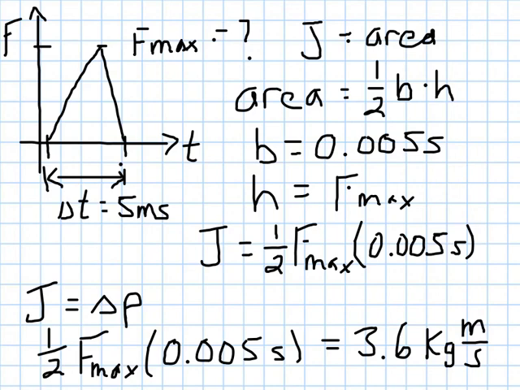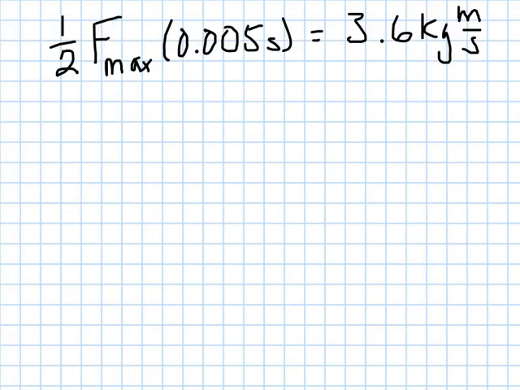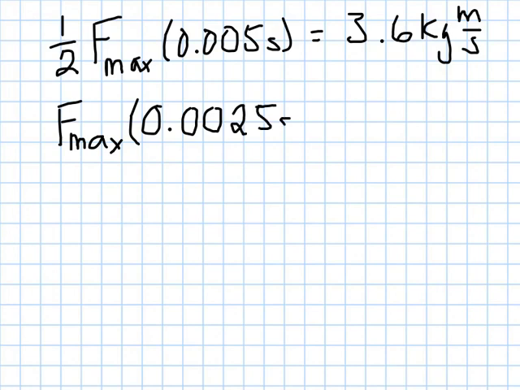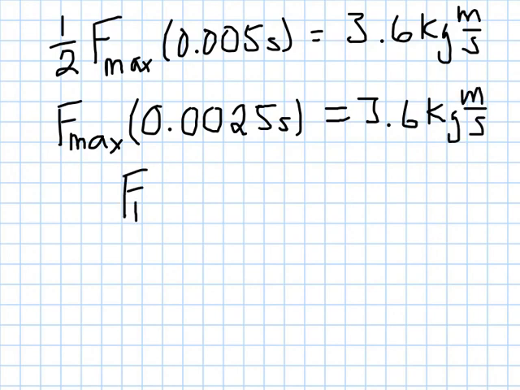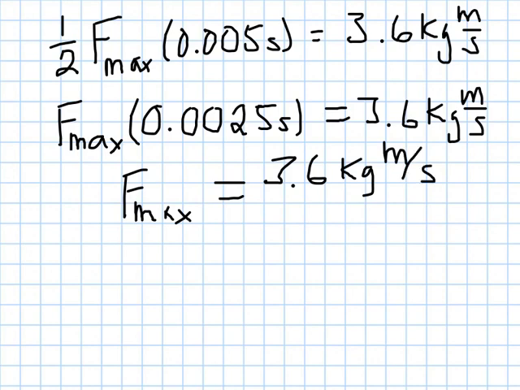All right, so now we just have to do a little bit of algebra. So here's where we left off. Let's go ahead and simplify this just a little bit. So half of 0.005 is 0.0025. So this maximum force is going to be equal to 3.6 kilogram meters per second divided by 0.0025.